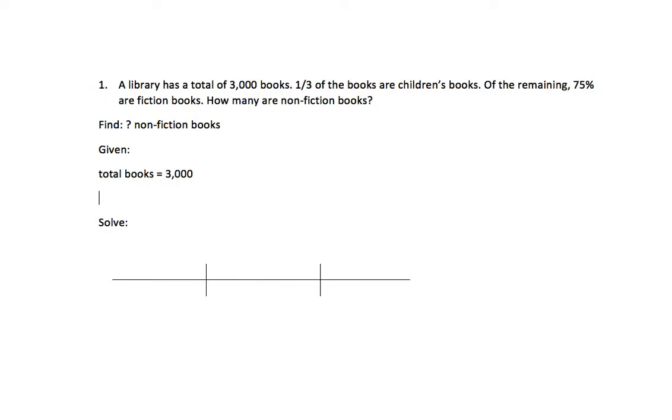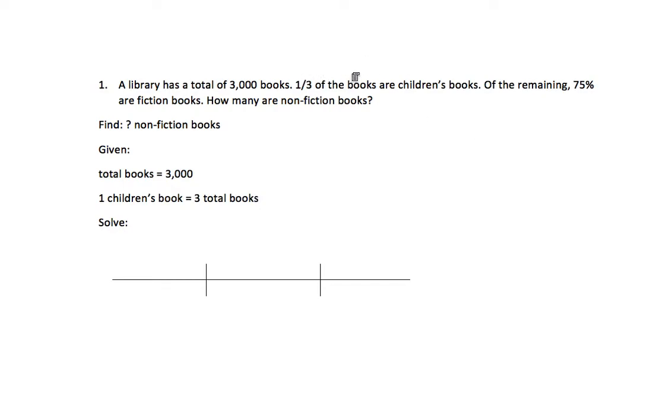So then this, where it has the one third of the books, that in itself is a ratio. So that means 1 out of 3 books are children's books. So that means you have 1 children's book for every 3 total books.